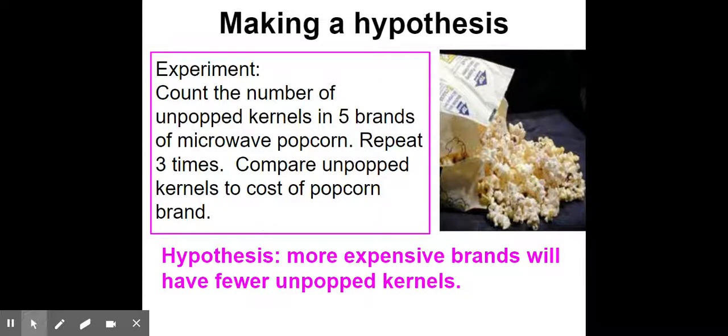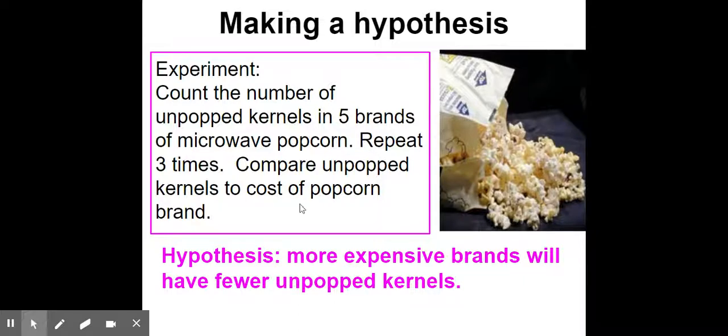You could have a different prediction, but this prediction is that more expensive brands will have fewer unpopped kernels. So you just have to relate those two variables together: the number of unpopped kernels to the cost, and your hypothesis predicts how those are going to be related.